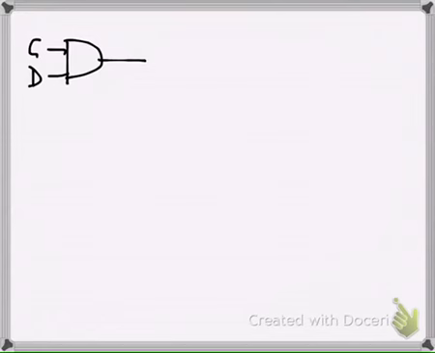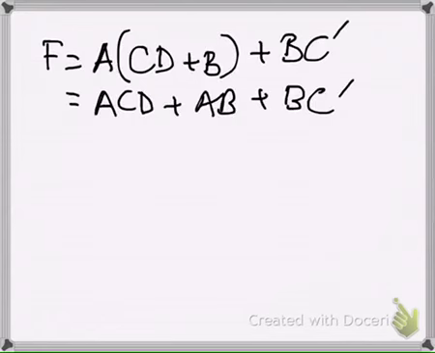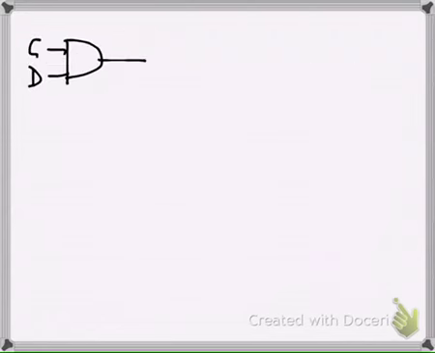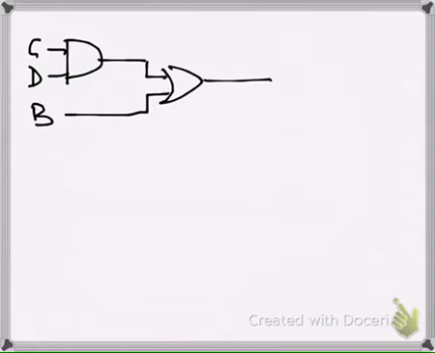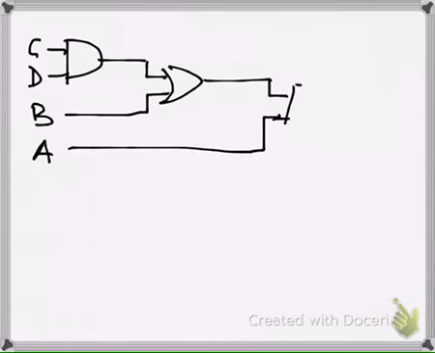Our original function was CD plus B, so CD and B will go to an OR gate here. So I get CD or B. Then this is AND with A.